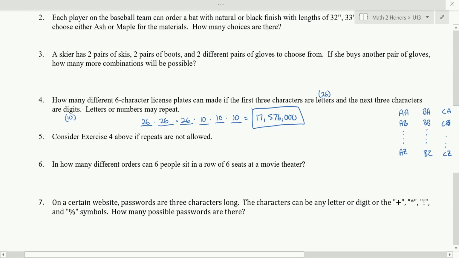Use the fundamental counting principle to help you. And if you're not sure, scale it down. Try 3 people.